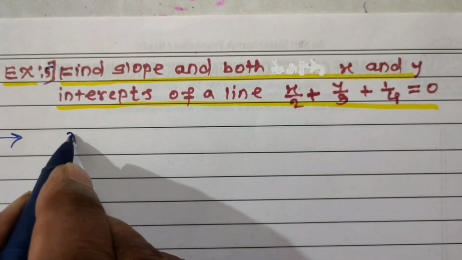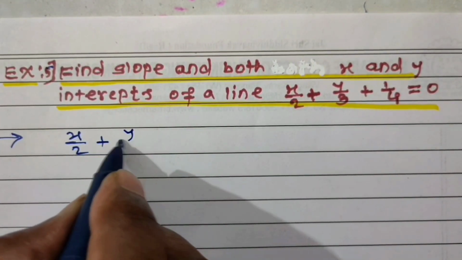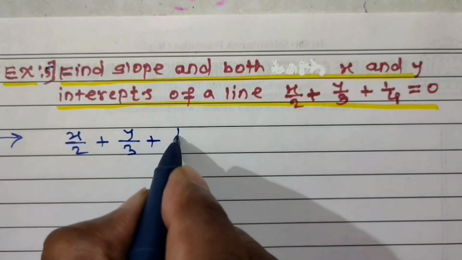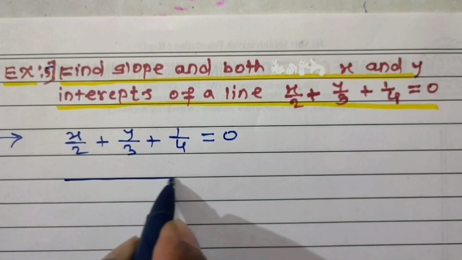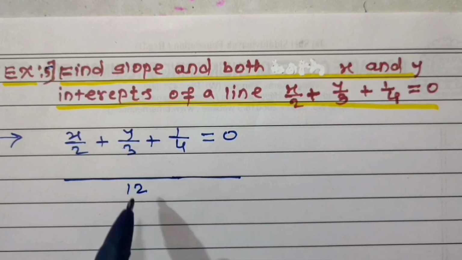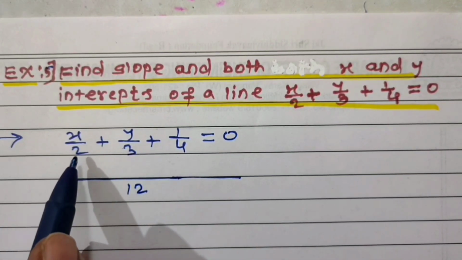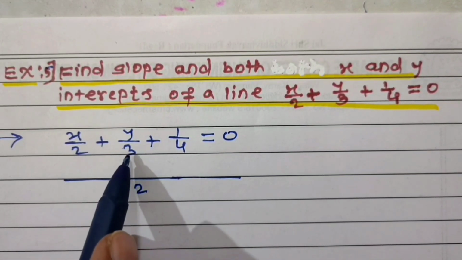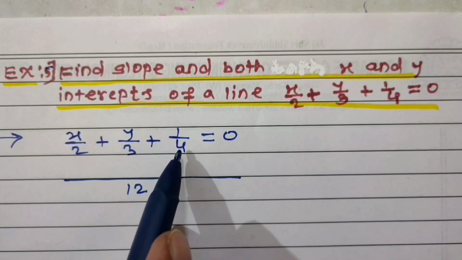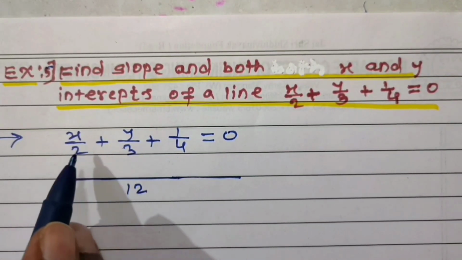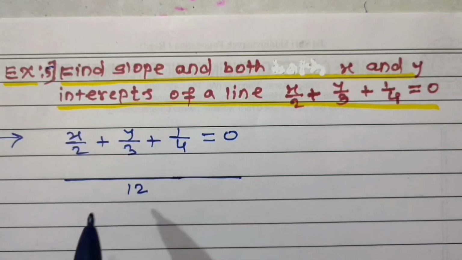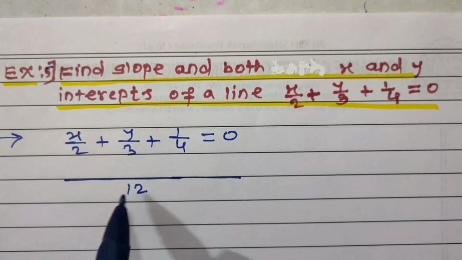So x upon 2 plus y upon 3 plus 1 upon 4 is equal to 0. LCM is 12 because 12 is divisible by 2, 3 and 4, and it is the smallest number which is divisible by all three numbers. So LCM is 12.